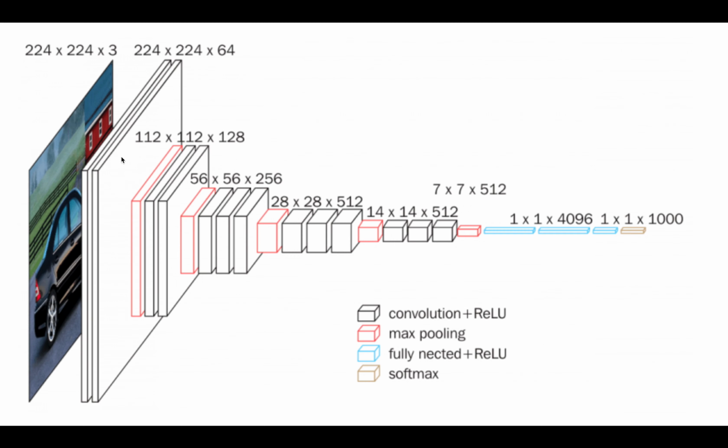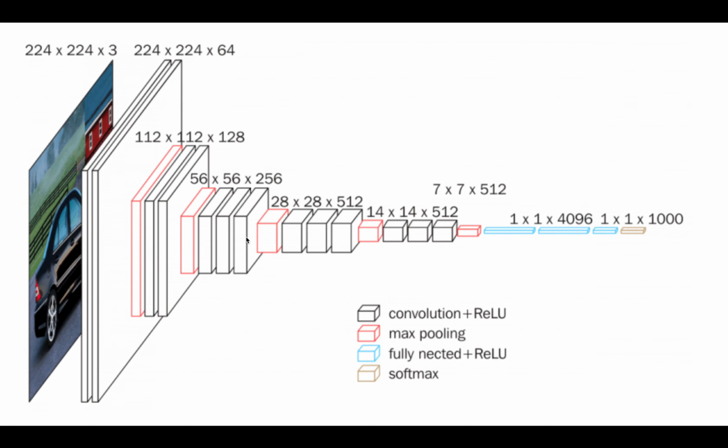Then convolution happens, and the pooling layer halves the size. Then in the next VGG block, pooling again halves the size, then another block, down to 28, then 14, and so on. Then the flatten layer, then softmax, and then they get the results. So this is the whole architecture of the VGG net.